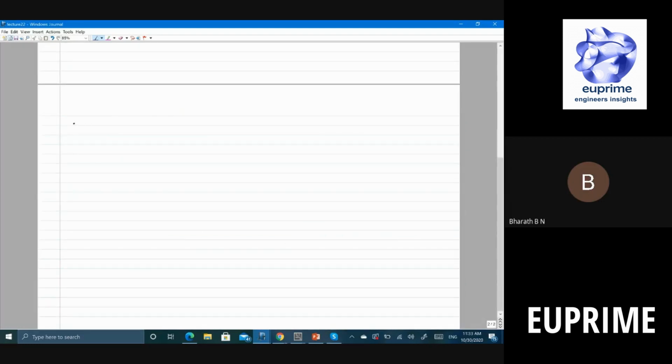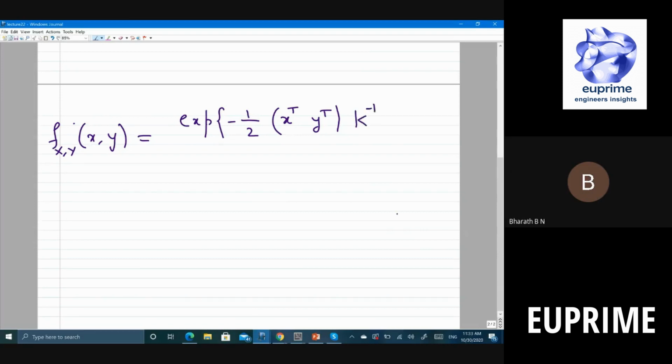So what will be the joint density of X and Y? f of xy would be exponential minus half times [x transpose y transpose], the covariance K inverse, times [x transpose y transpose] whole transpose.